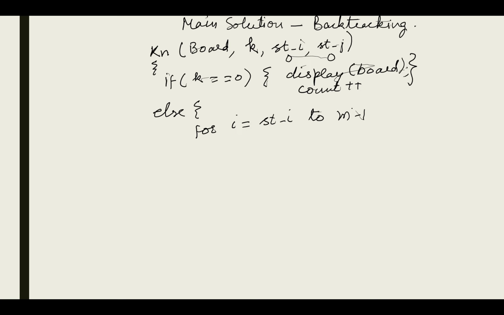We are assuming that our board starts from 0 and 0. The size of the chessboard is m by n, so we will loop to m minus 1. Then inside this we will have another loop, because it is two-dimensional, to n minus 1.